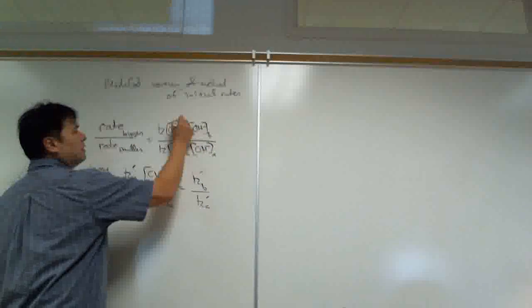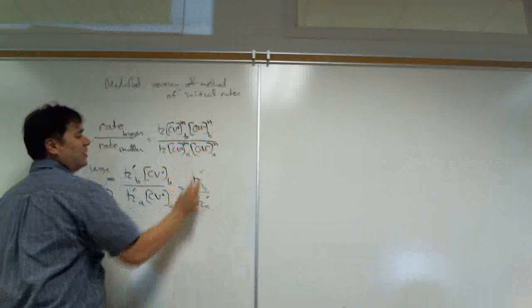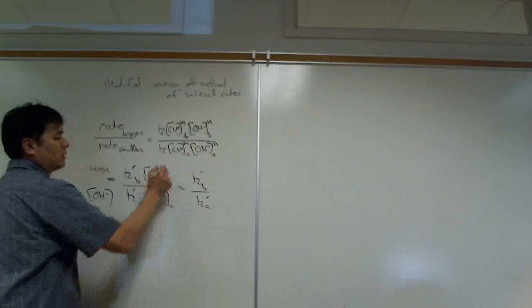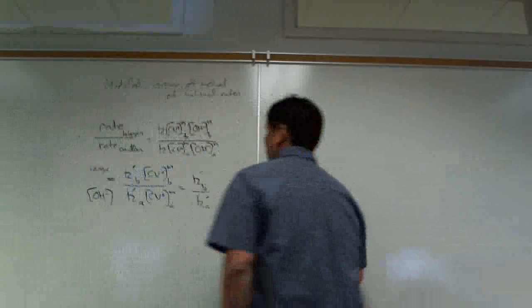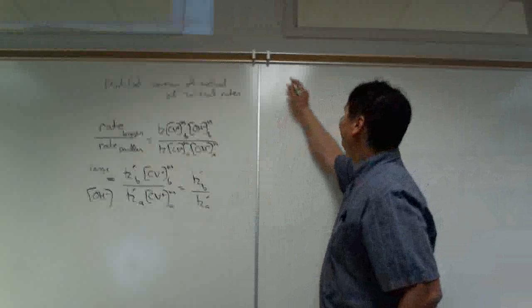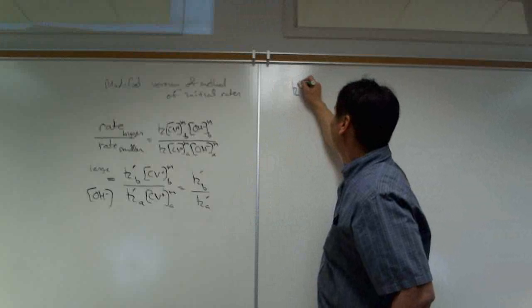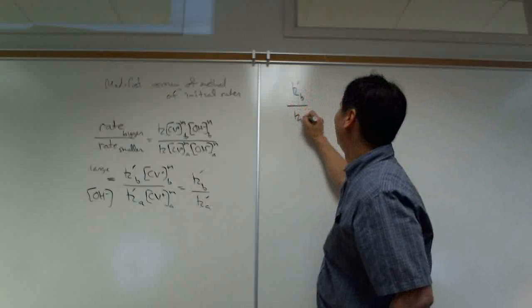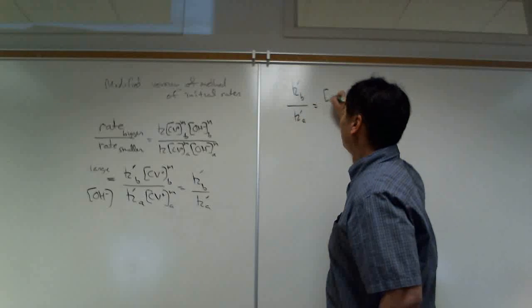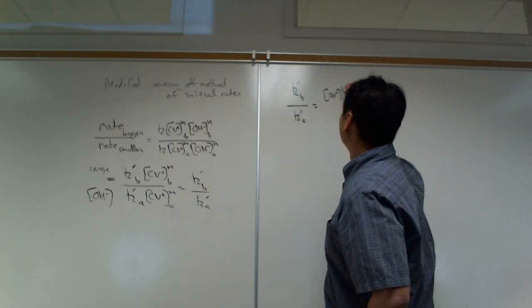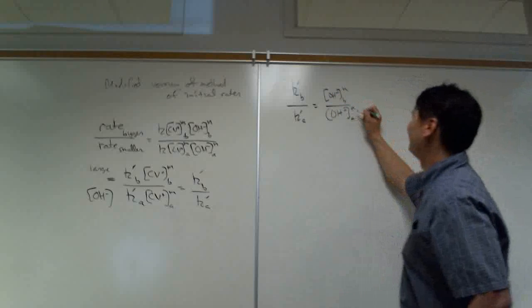And so we don't know what the CV order is, so we call that M. And we don't know what the hydroxide order is, so we'll call it N. So looking at this, let me rewrite it like so: K prime for B over K prime for A is going to equal the hydroxide concentration for B to the N over the hydroxide concentration for A to the N.